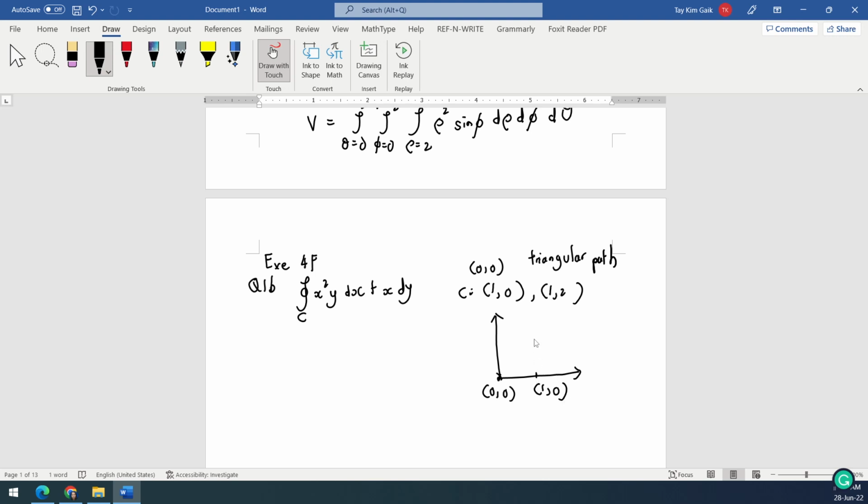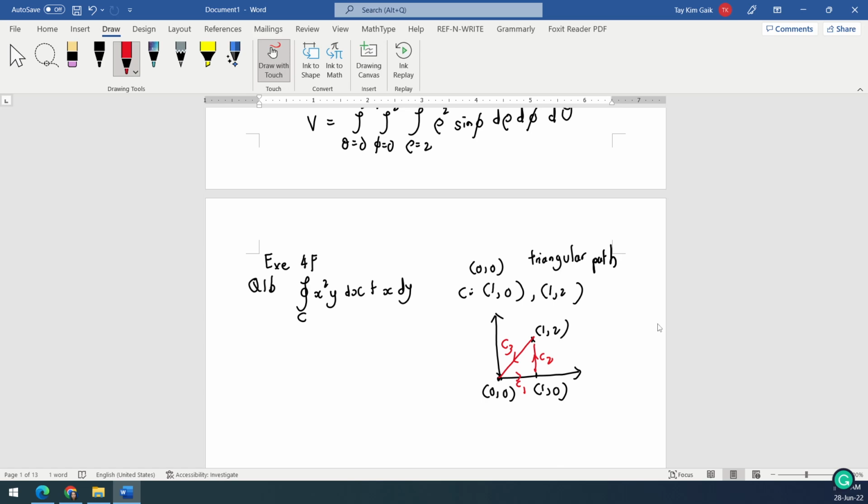And then (1, 2). So you have C1 and C2. And then they said closed triangular path from the origin to (1, 0), (1, 2), and back to the origin. So you have C3.